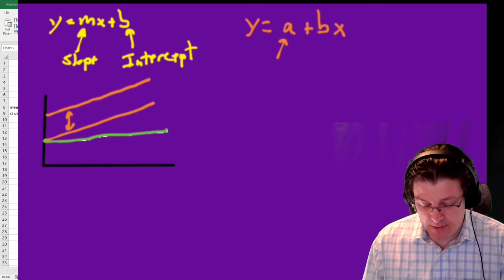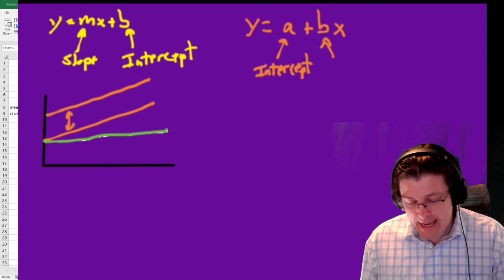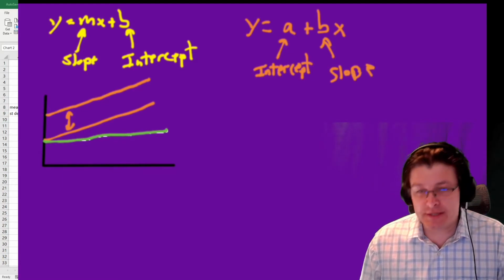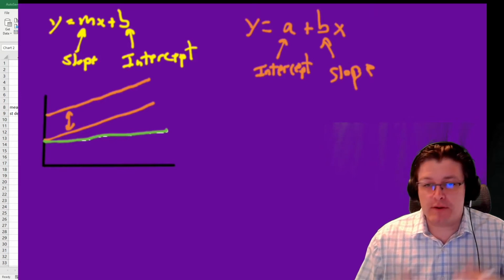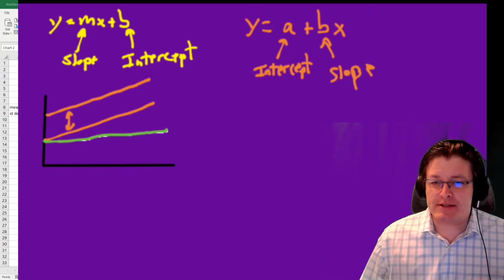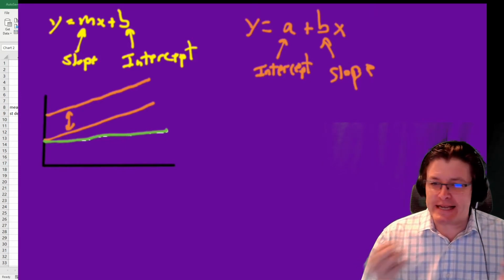Please strike that from the record. Testing you. So a is the intercept and b is the slope. So b has changed. That's the big takeaway: b is not the intercept, b is the slope.